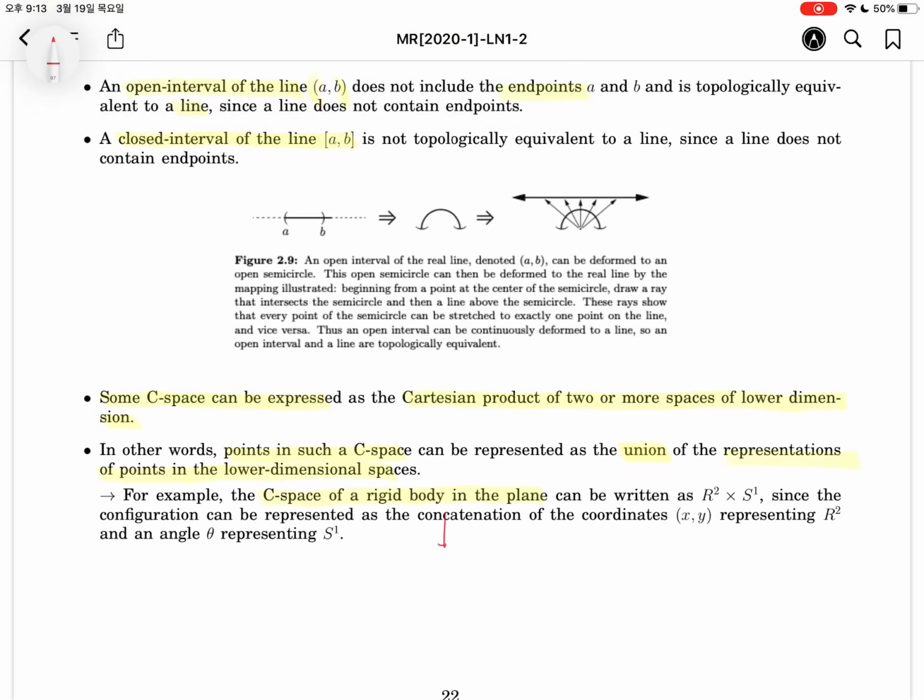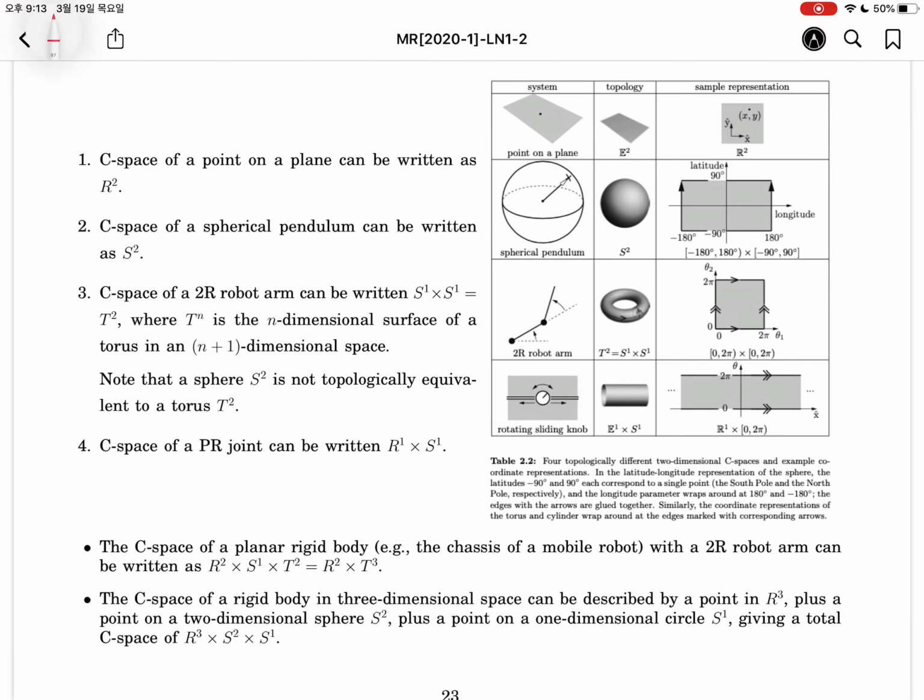The rigid body in the plane will be expressed by the coordinates x and y, denoted by the R2 space, and one angle is required to represent the orientation of the object, denoted by S1. So R2 times S1 is the C space of the rigid body. X and Y and the angle circle.